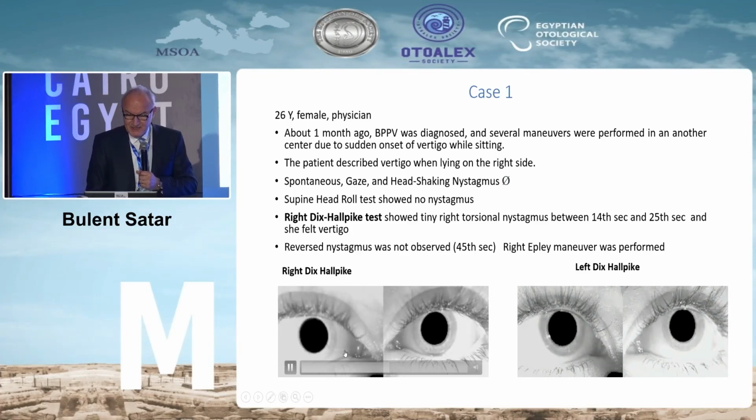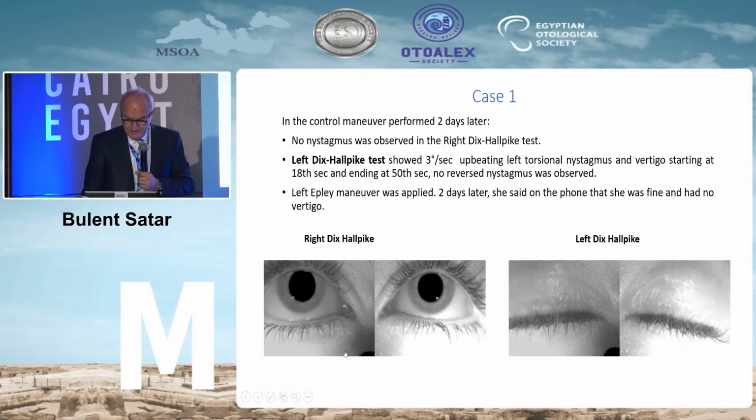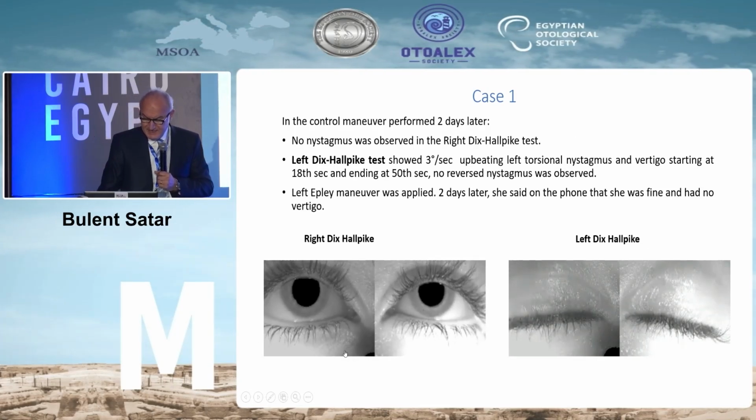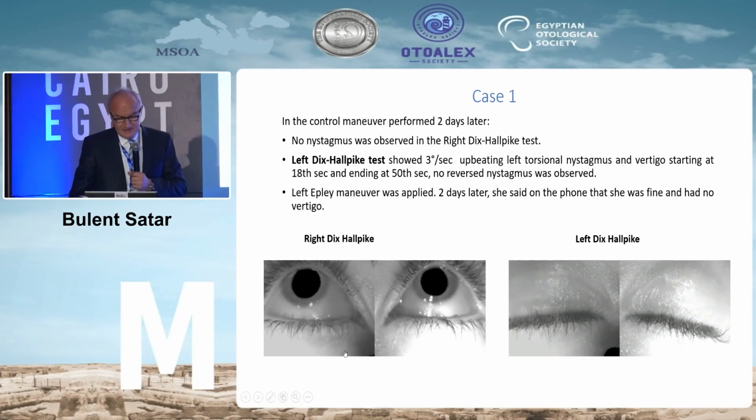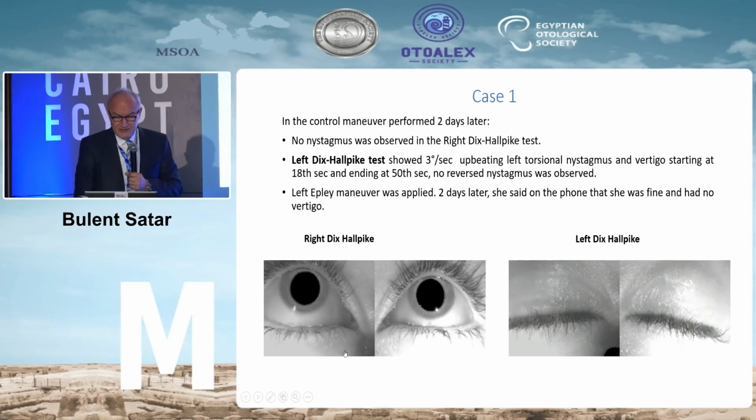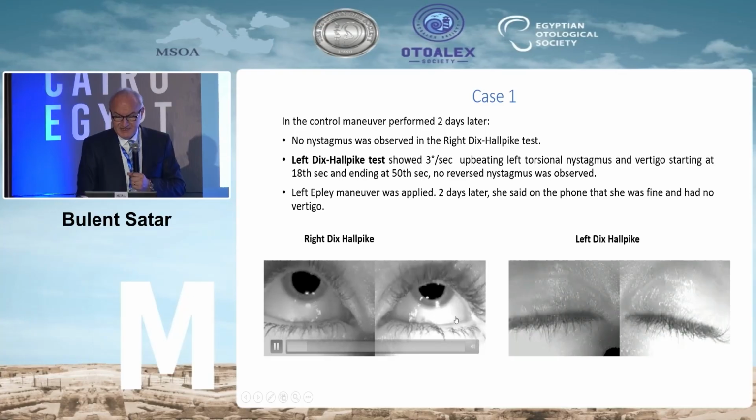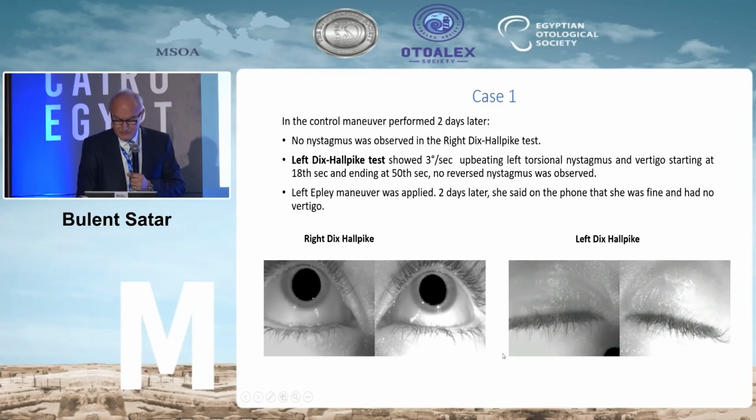And a right Epley maneuver was performed. Next time, the left Dix-Hallpike test showed 3-degree upbeating left torsional nystagmus.